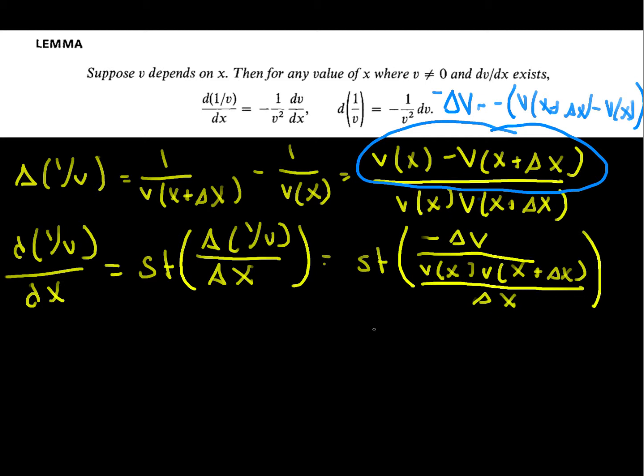And simplifying that fraction, and I'm also going to pull this negative out, this is equal to negative standard part of the change in v over the change in x times v of x plus delta x.